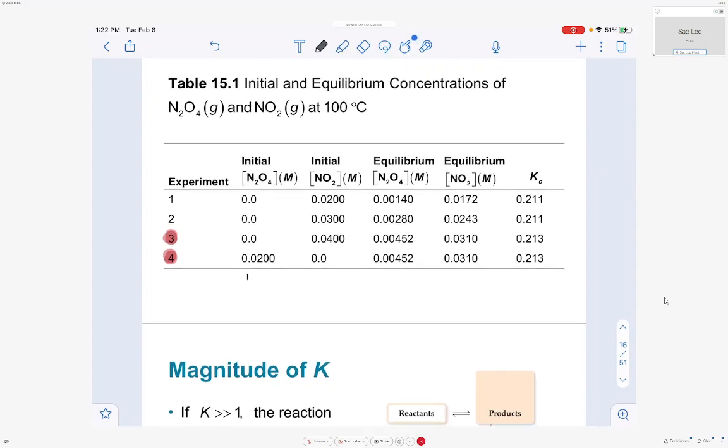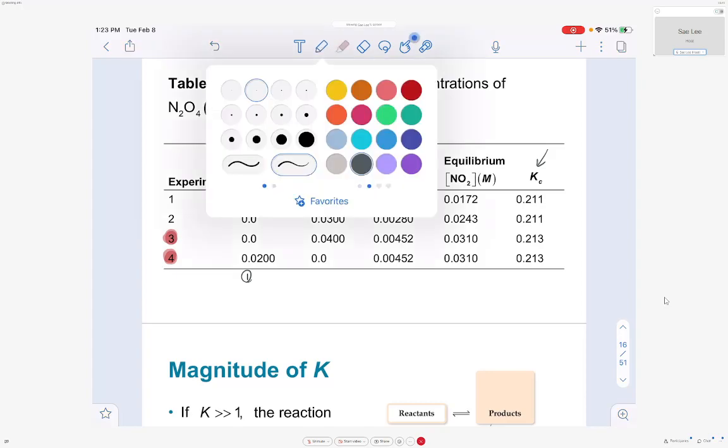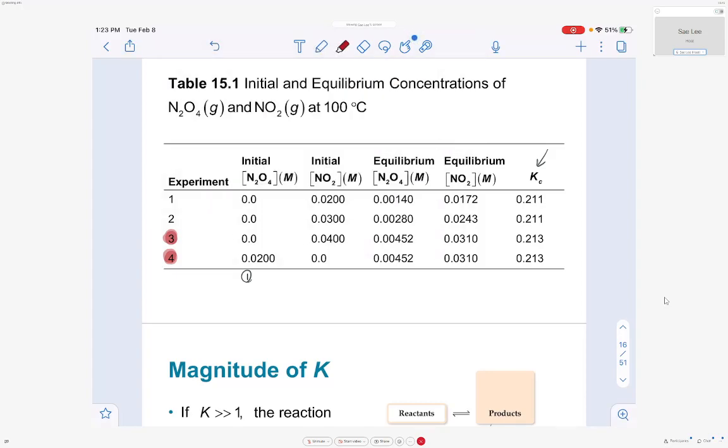Number 1, as I mentioned on the previous slide, no matter what direction you start the reaction, once equilibrium is reached, the equilibrium constant, or the ratio of concentration of product over reactant at equilibrium, is always the same.